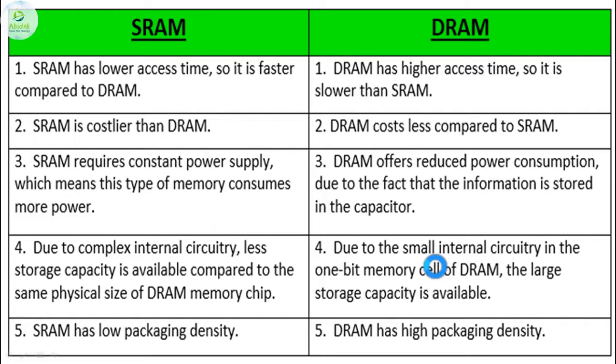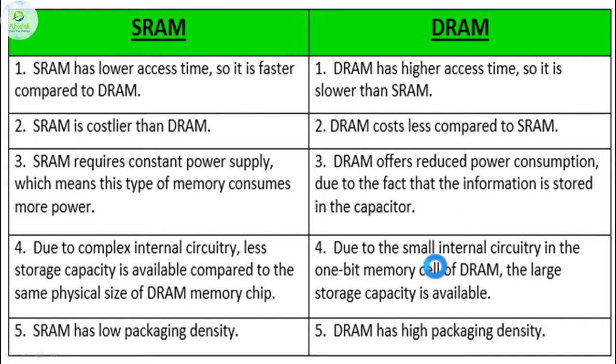Dynamic memory offers reduced power consumption due to the fact that information is stored in capacitors. Due to complex internal circuitry, less storage capacity is available in the static compared to the same size dynamic memory chip.